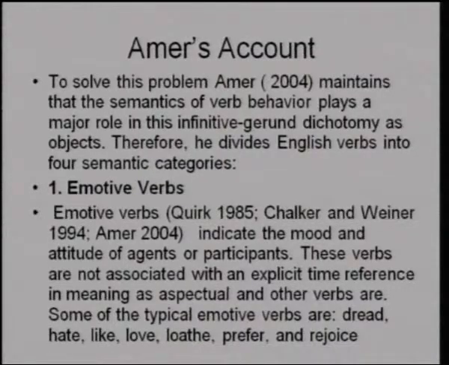First, the emotive verbs. These verbs are not associated with time. They are like dread, hate, like, love, loathe, prefer, and rejoice.